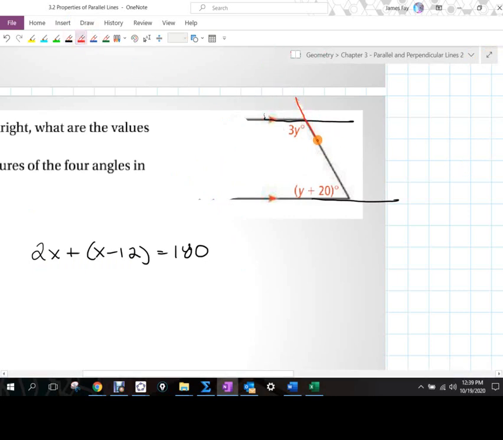Looking at this as being a transversal, are these green angles same side interior? So could I write another equation that 3y plus 20 equals 180? Does that kind of make sense to everybody? So you're going to see problems. They don't always, initially they do.